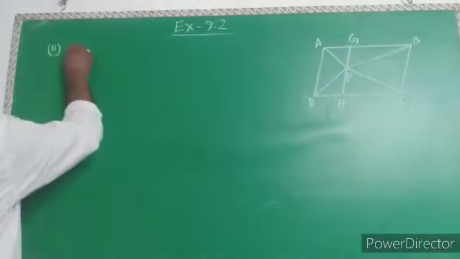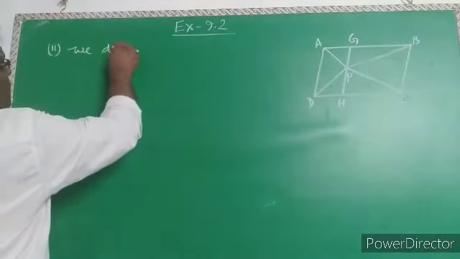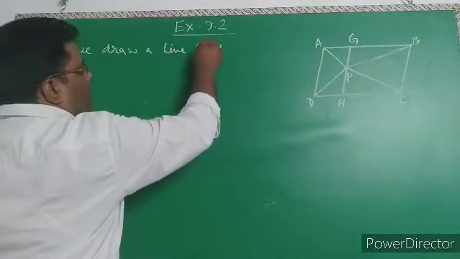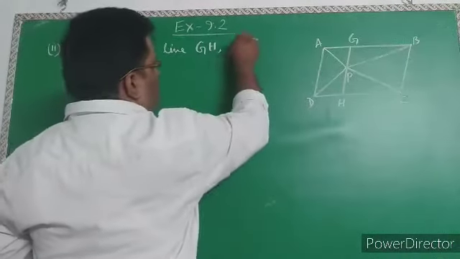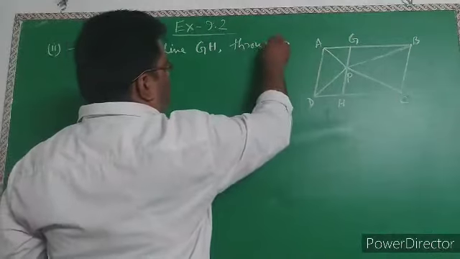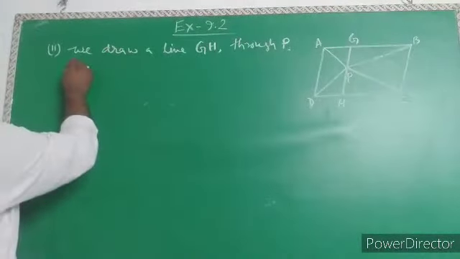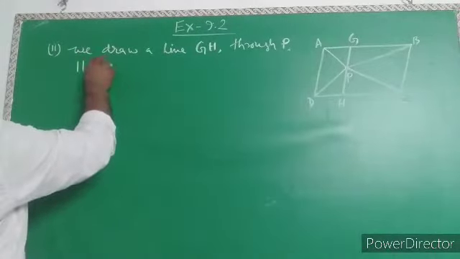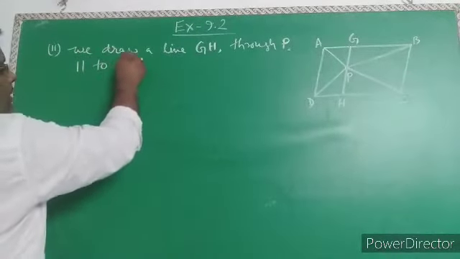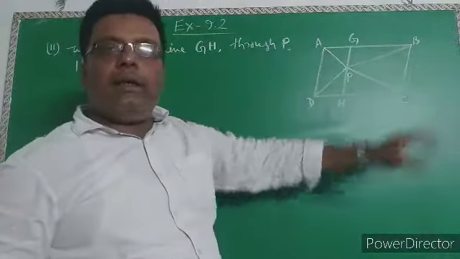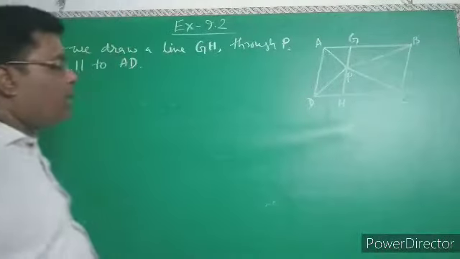So here we draw a line GH from P parallel to AD, or you can write BC also. Same, AD and BC are parallel.